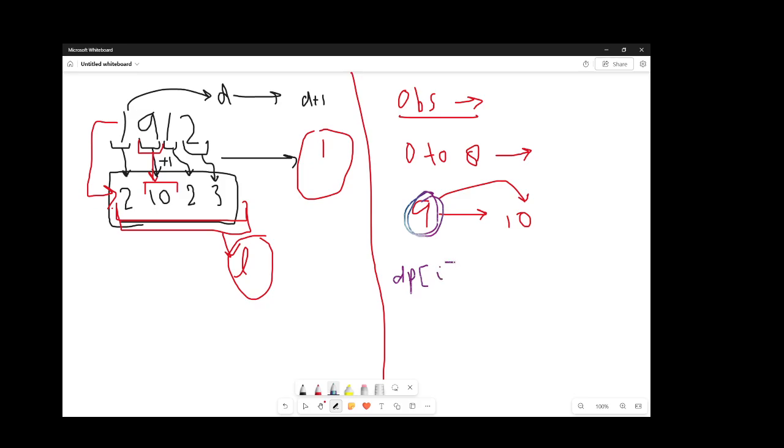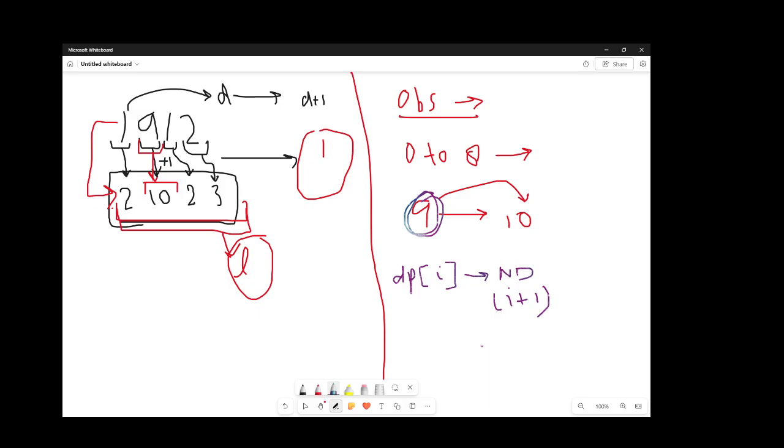That would be the DP state, and what it means is the number of digits, sorry for the handwriting again, the number of digits produced by 9 after i plus 1 operations.